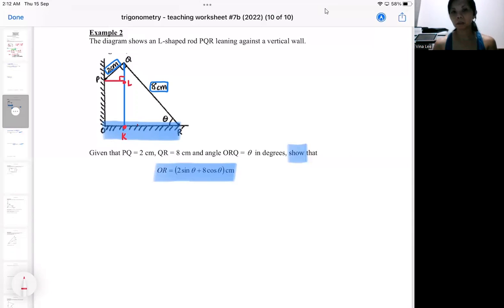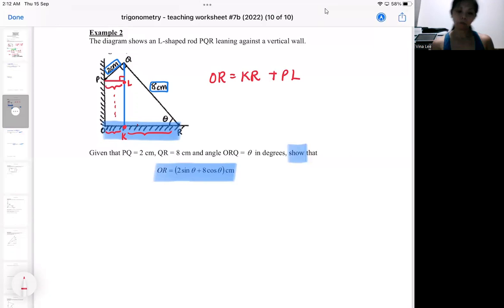If you cut this way, you realize that there are two portions that you need. So OR is made out of KR and PL. PL is actually the same value as OK.